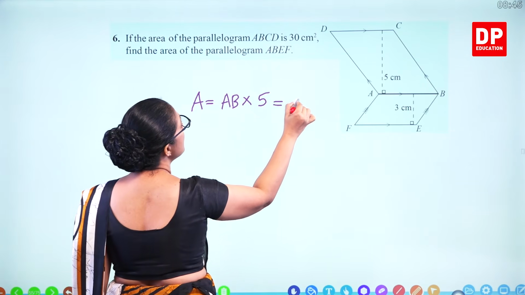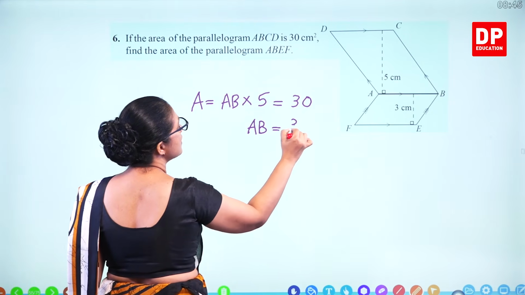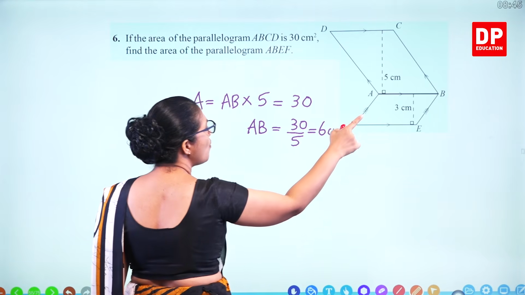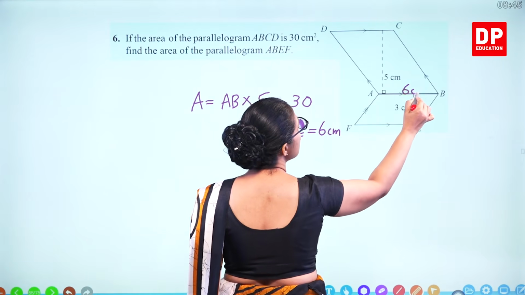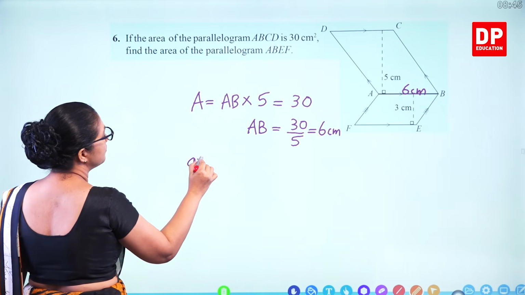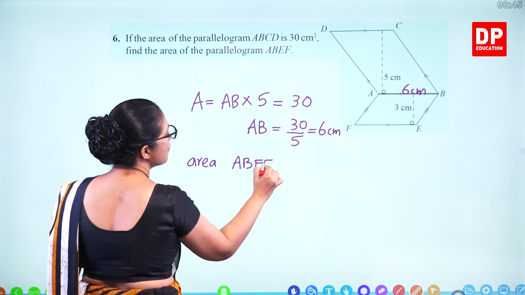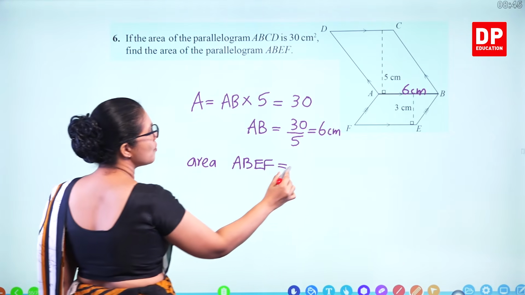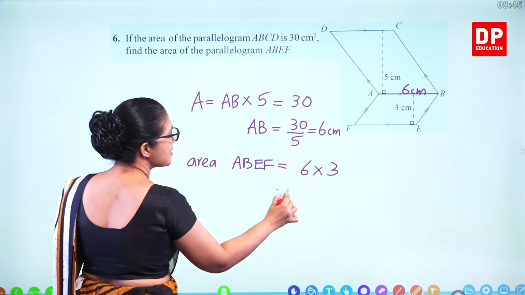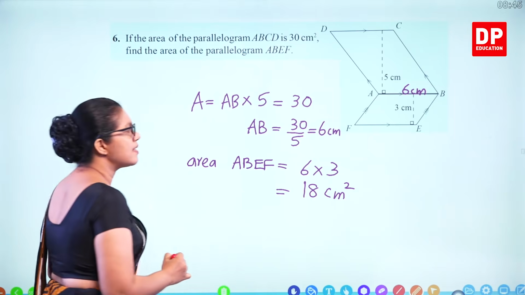That's equal to 30. So what's the AB length? 30 divided by 5. You get 6 centimeters. Now we know this is 6 centimeters. You can find out the area of ABEF. So what's the area? Base length is 6 and the perpendicular height is 3. 6 times 3, 18 square centimeters.